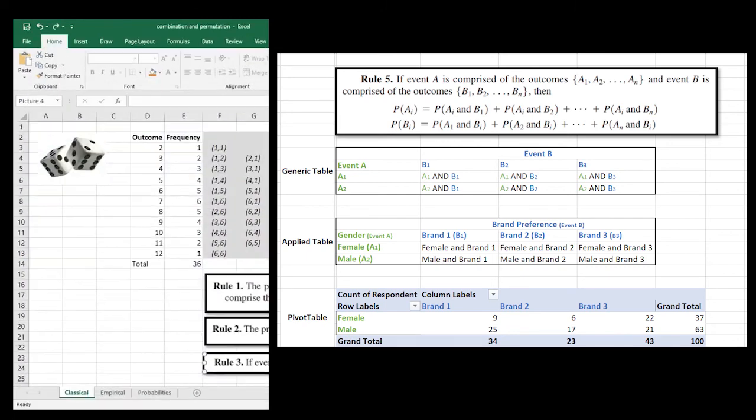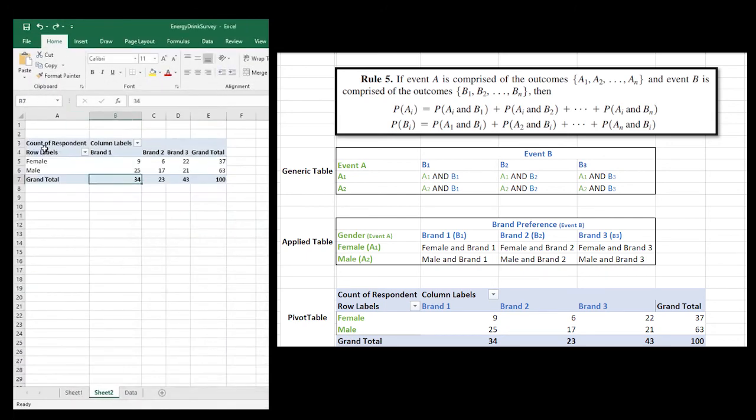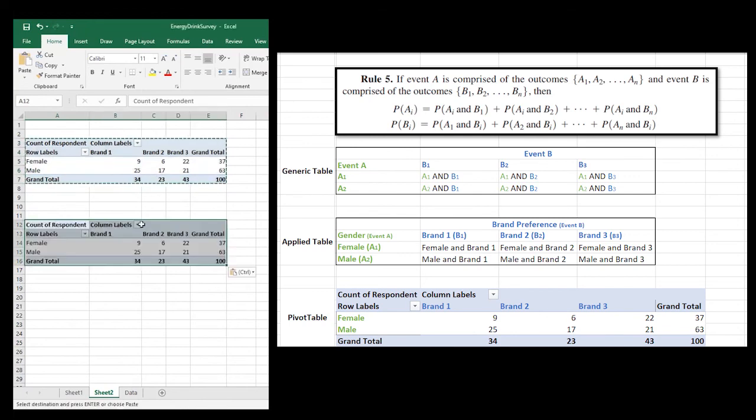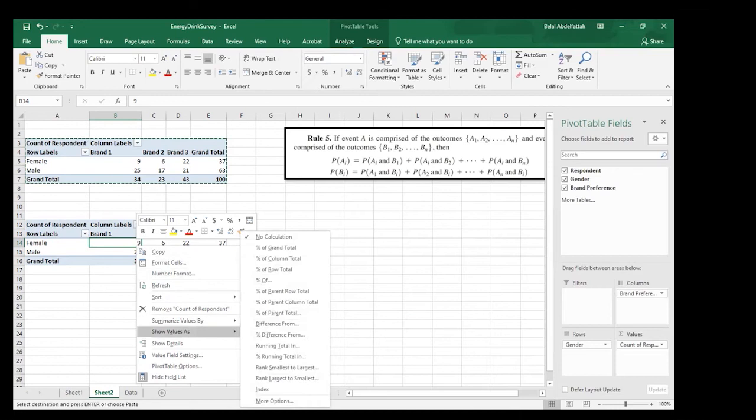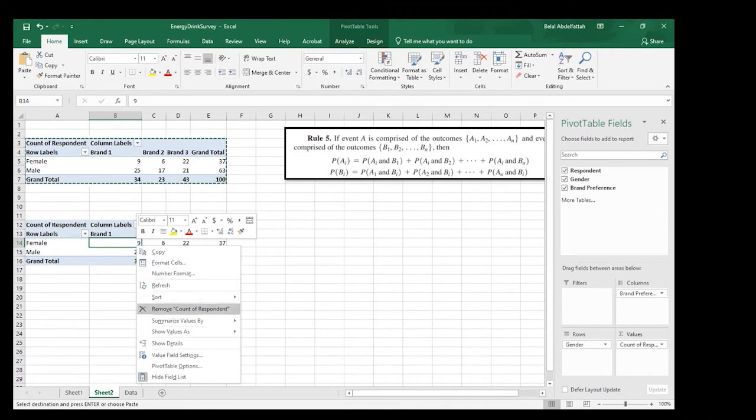Let me go ahead and copy this pivot table right underneath, and I'm going to change how it looks by selecting show values as. I'm right clicking on any of the frequencies within that contingency table. I'm going to select percent of the grand total. So the grand total we have here is 100.